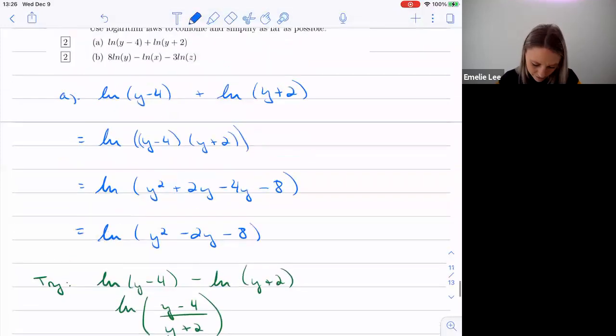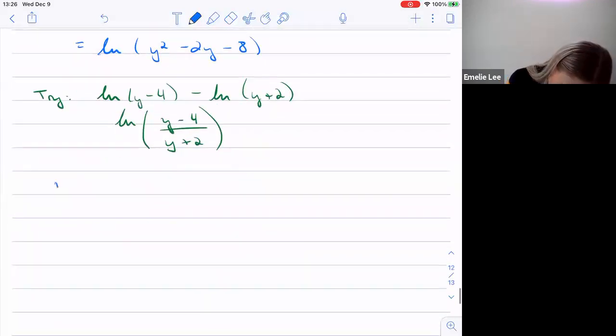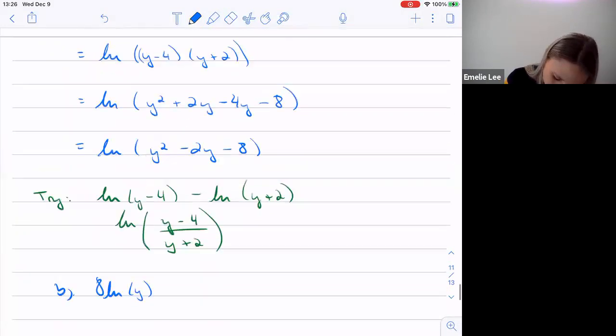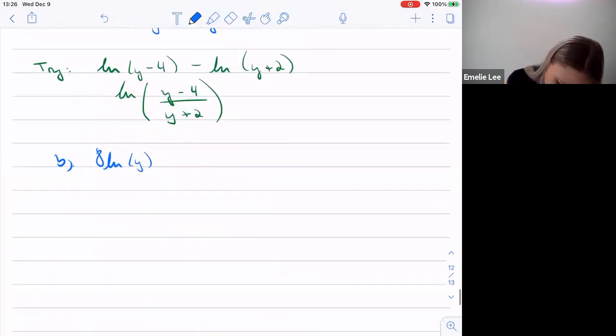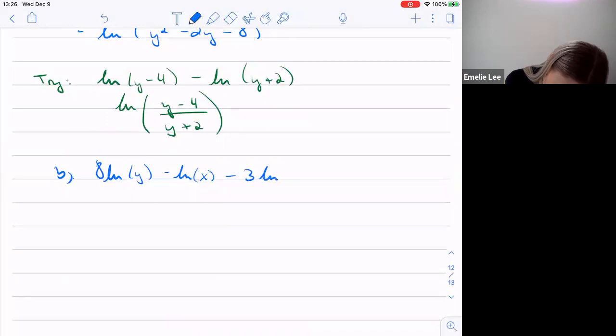Let's do B then. 8. I just read ln as log y minus log x minus 3 log z. All right, so for B, 8 log y minus the log of x minus 3 log z.